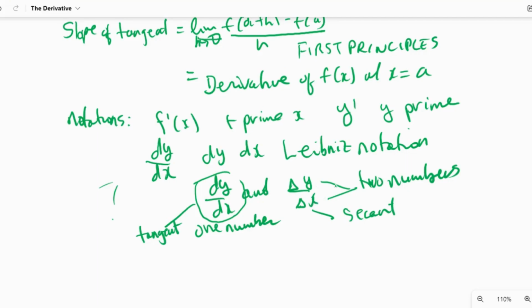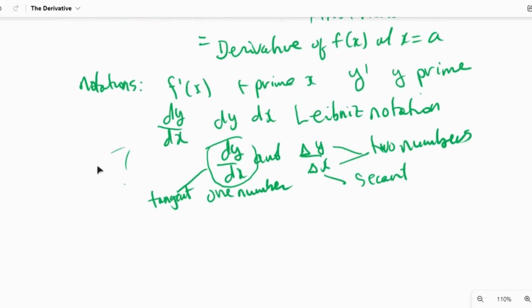Okay, so let's see one example on this one, because we don't need it a lot. For this one, we have other shortcuts.